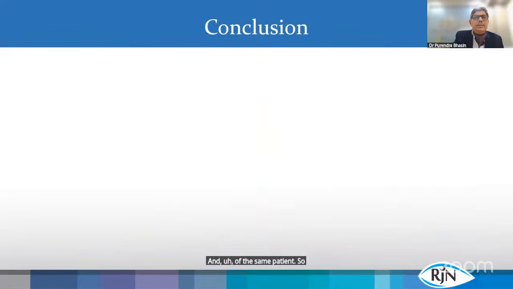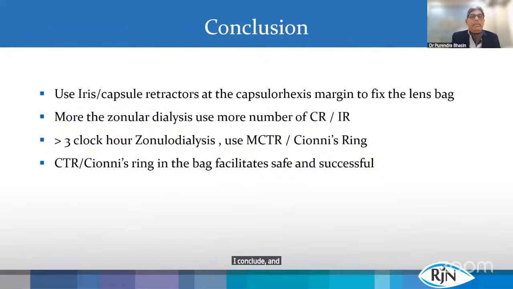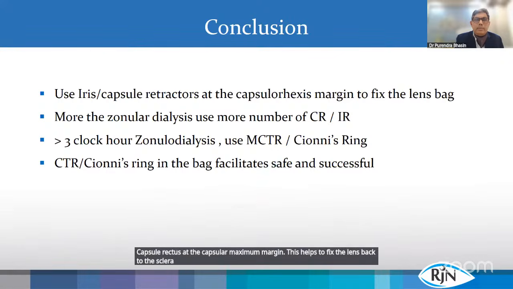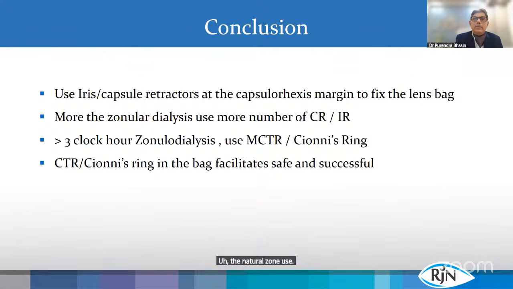So with all these cases, I conclude, and I will say that we should use capsule retractors at the capsulorhexis margin. This helps to fix the lens bag to the sclera, to the place where it is required, and they act like natural zonules. And they will prevent further zonulopathy.